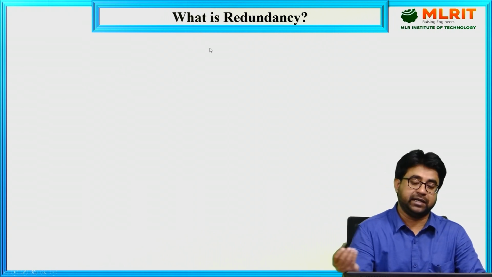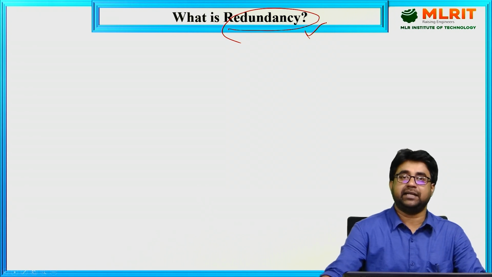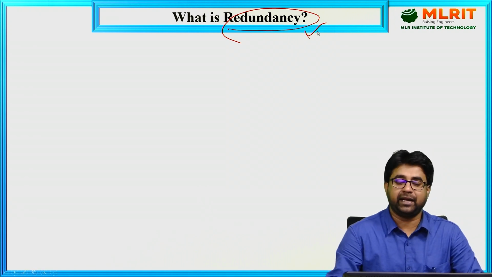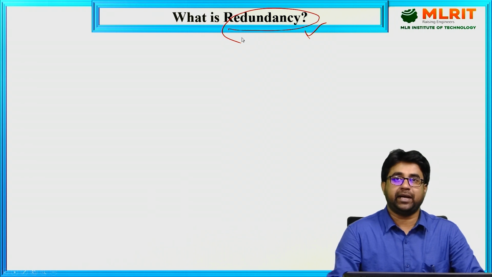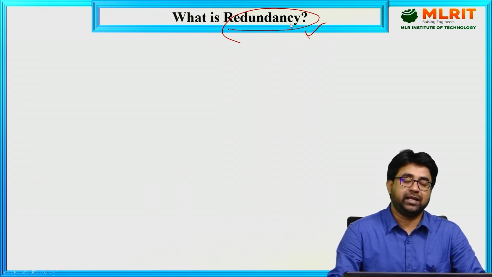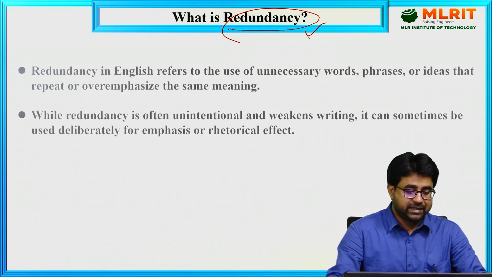What is redundancy? Right. From the name itself, are you getting any idea about what it might be? Normally, what is the meaning of redundant? Redundant means something that is outdated, which is not relevant anymore. Right. So let's see the definition.